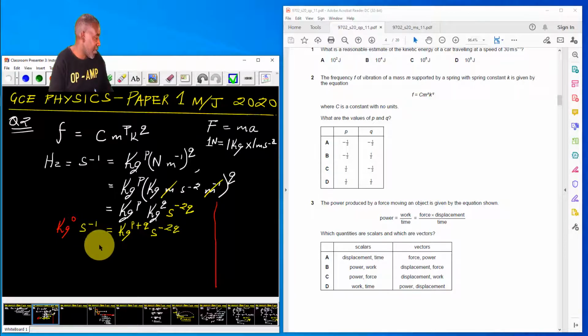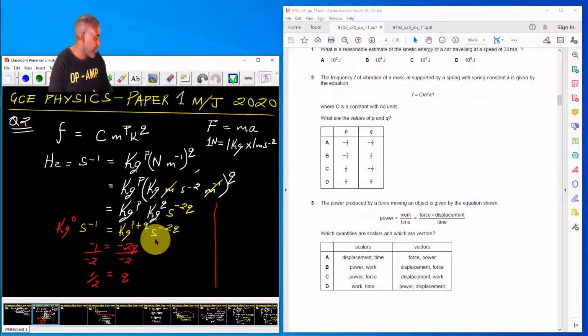In other words, now I want to start equating the powers on both sides of the equal sign. The power here, which is minus 1, is equal to the power here, which is minus 2Q. So I can effectively say minus 1 is equal to minus 2Q. If I divide both sides by minus 2, I will get my value of Q to be equal to a half.